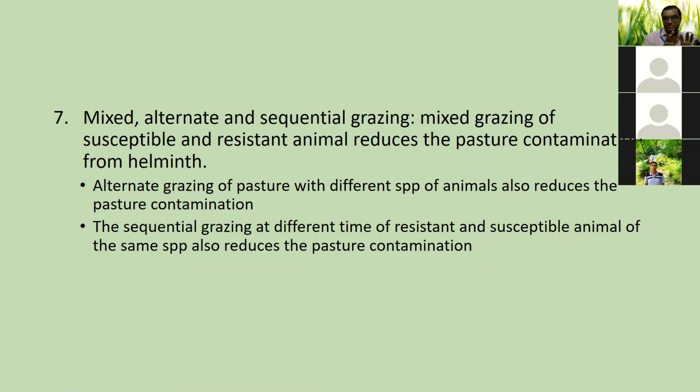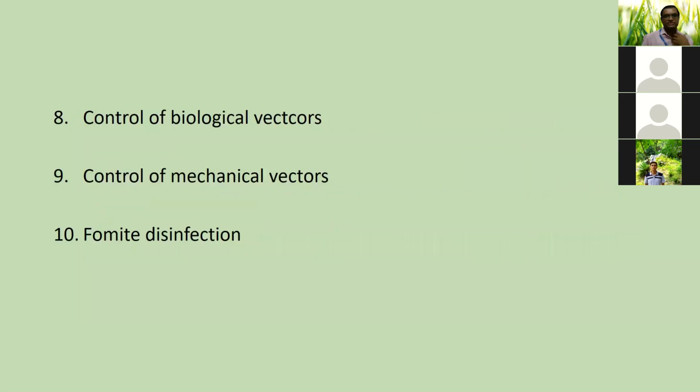It means that within the species, we allow the pasture to be grazed sequentially by resistant animals and then susceptible ones. This also leads to reduction in pasture contamination. By practicing such animal husbandry practices, we can control the disease to a significant level, particularly helminthic parasites. So that is very important.